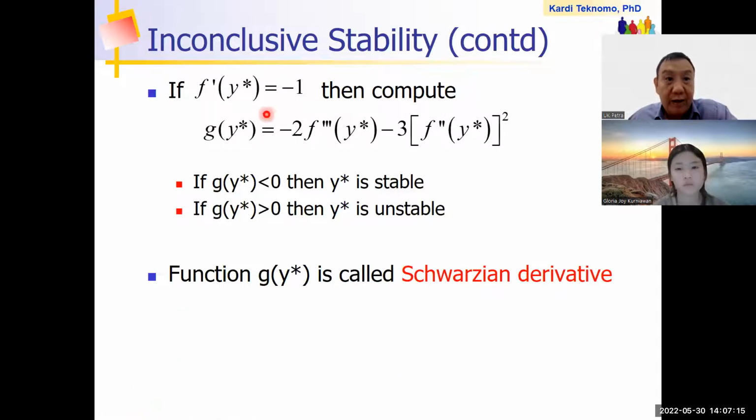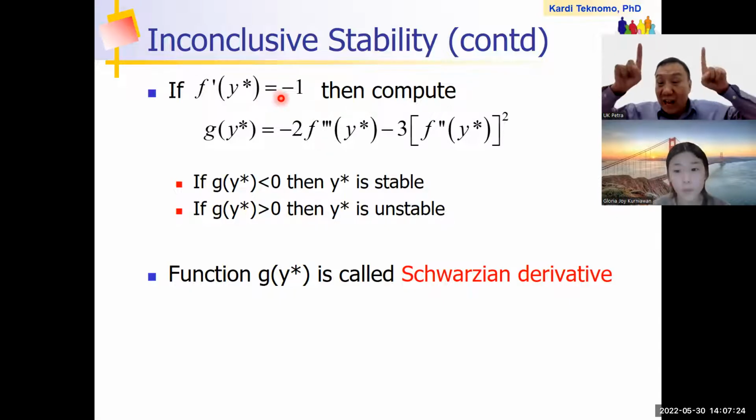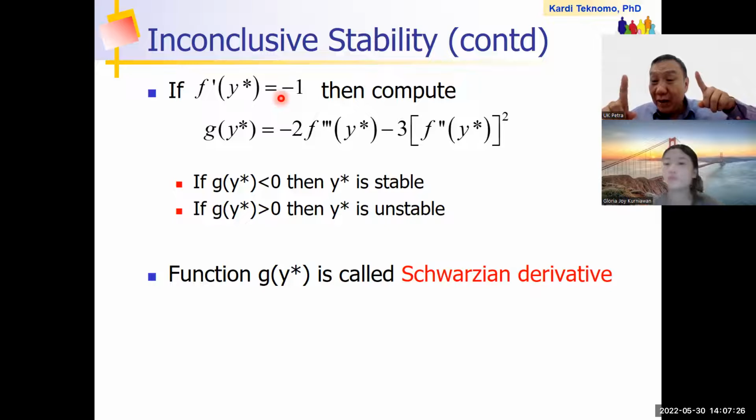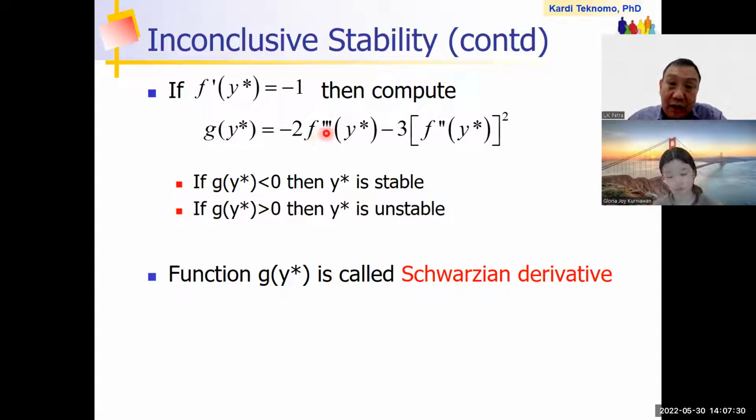And if exactly negative 1, remember that one is an absolute value, which means it can be positive or negative. So if exactly negative 1, you again take the second and third derivatives and calculate this function g to determine the stability. This function g is sometimes called the Schwarzian derivative.